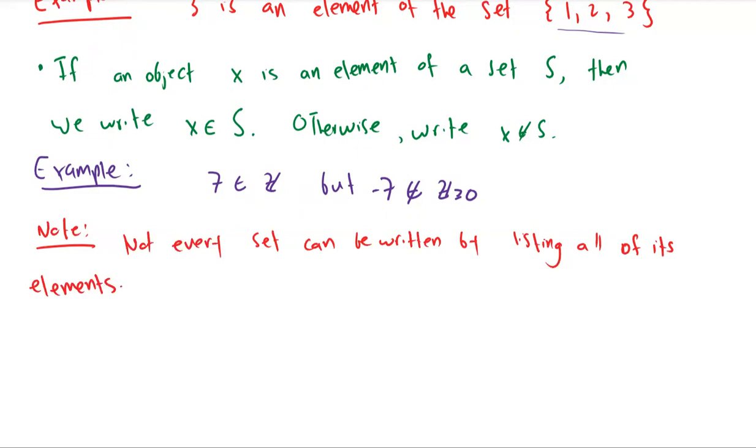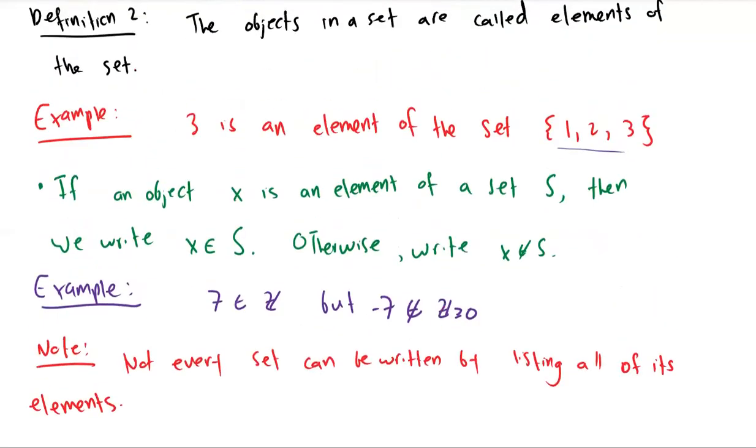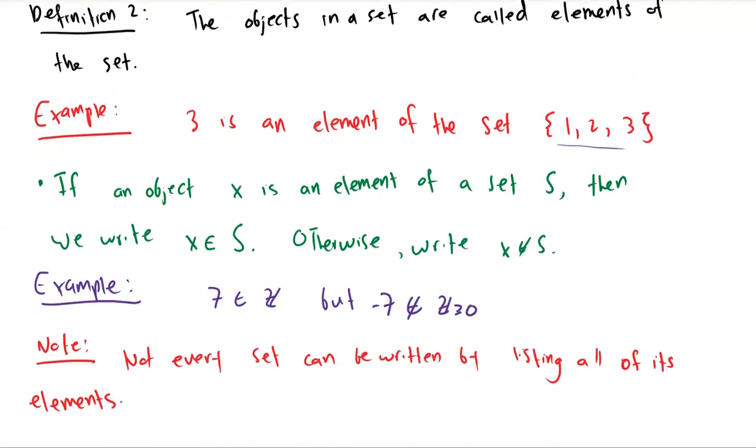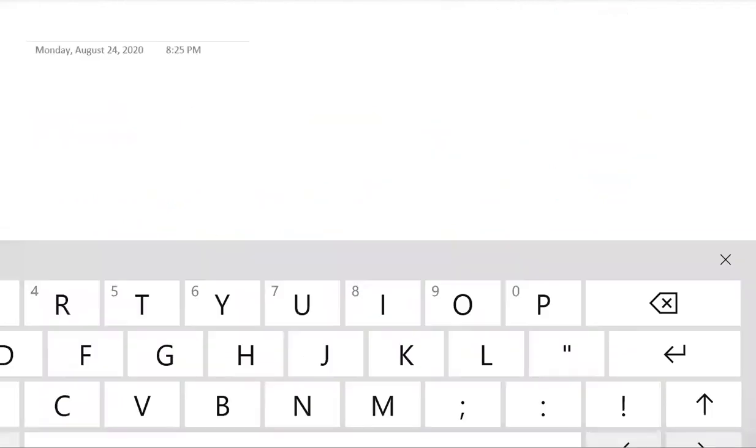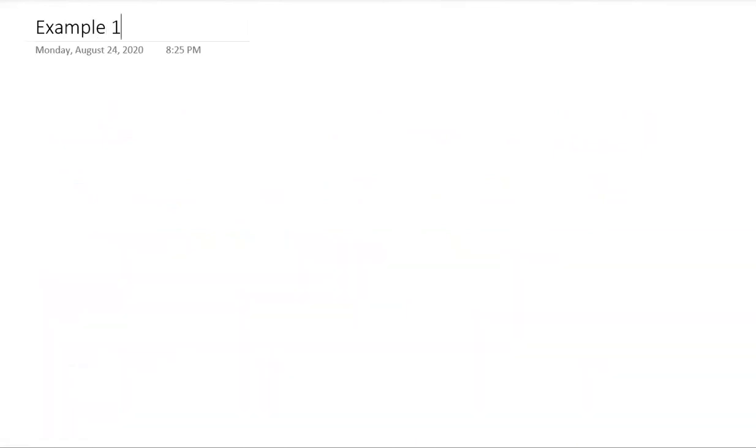Okay, so now I'm going to show you how we're going to write sets when it's not possible or it's not easy to write them by just putting brackets and enumerating each of the elements inside the brackets. Okay, so now let's actually start numbering our examples. Let's do example 1.